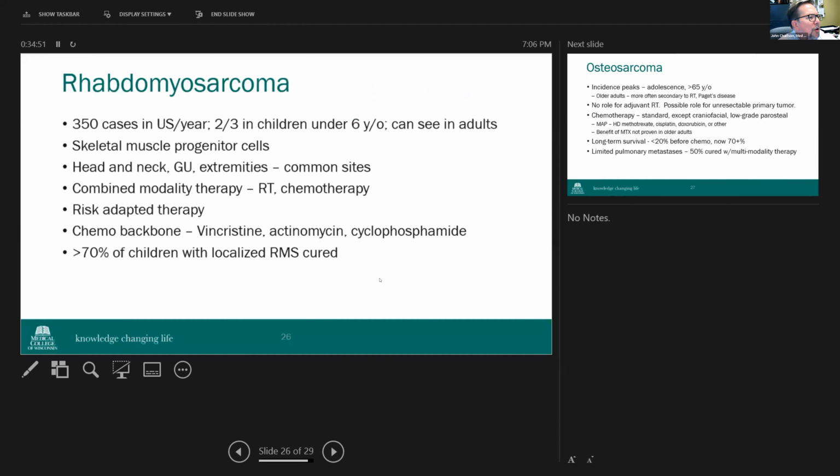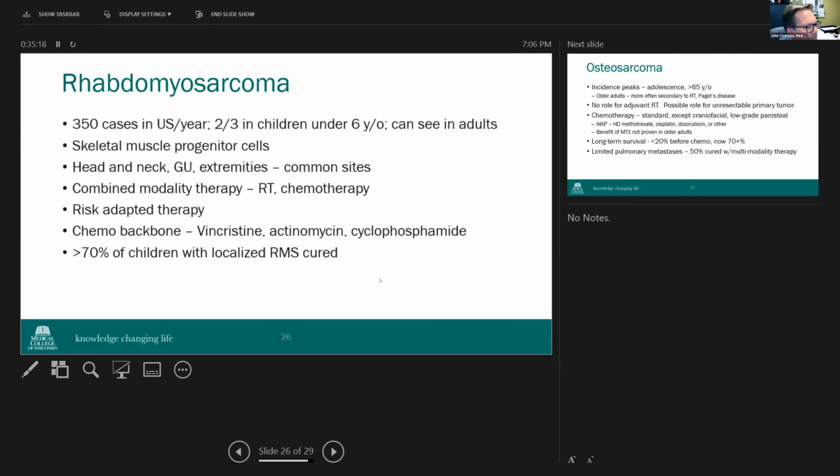So rhabdomyosarcoma, rhabdo means skeletal muscle. Mostly in kids, you can see them in adults. Again, the progenitor cell is a skeletal muscle cell, you can see them all over the body, but tend to see more in the head, neck, and GU regions than you do the other soft tissue sarcomas. Combined modality therapy with chemotherapy and radiation therapy is standard.